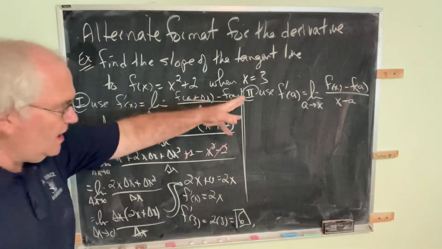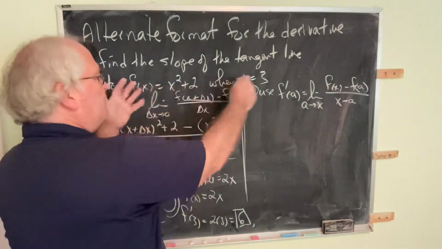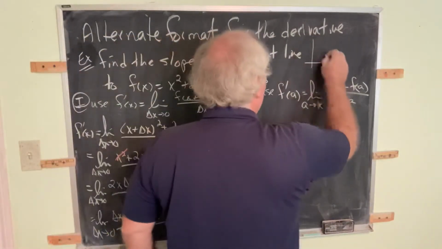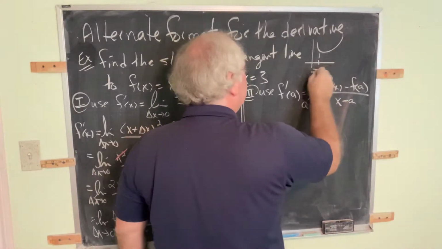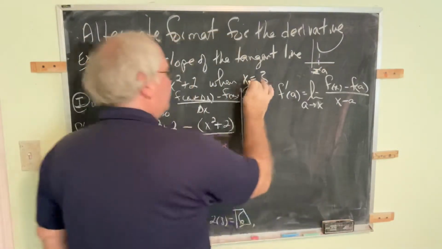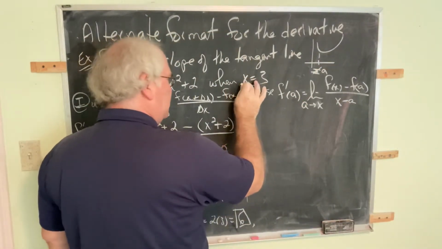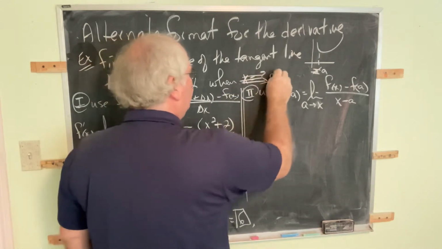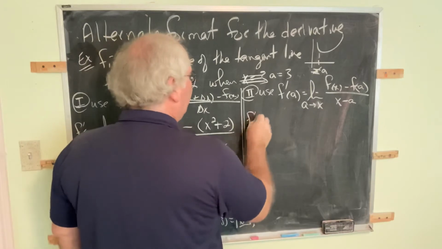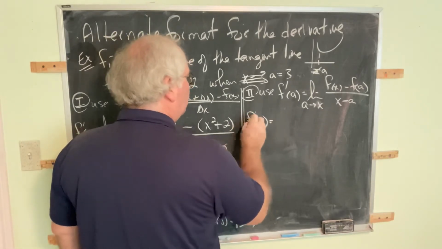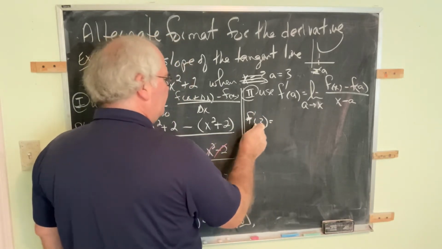All right, over here, we're going to change our perspective. Remember in our original picture, when we have this as x, we change this to be a. So from this perspective, we don't call this x equals 3. We let a equal 3. So we want to find f prime of 3. So our goal is to find f prime of 3.